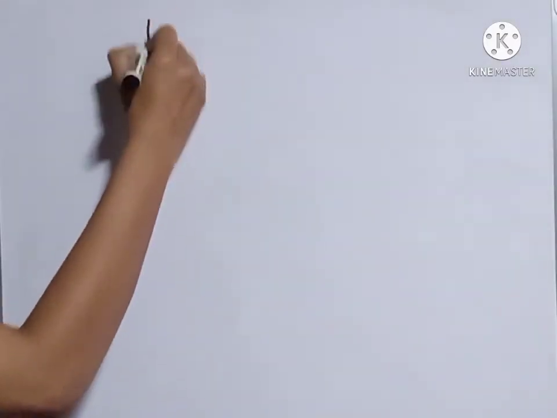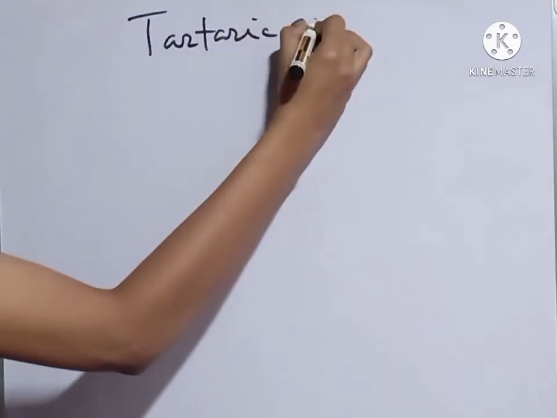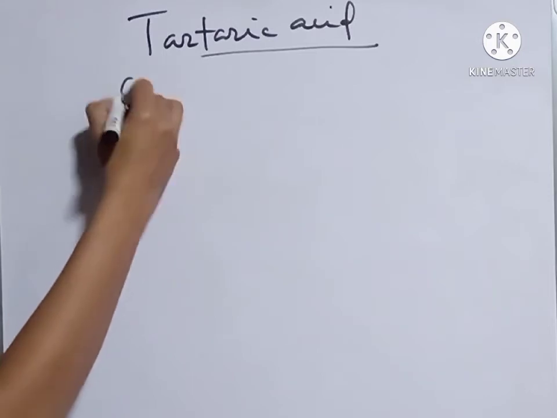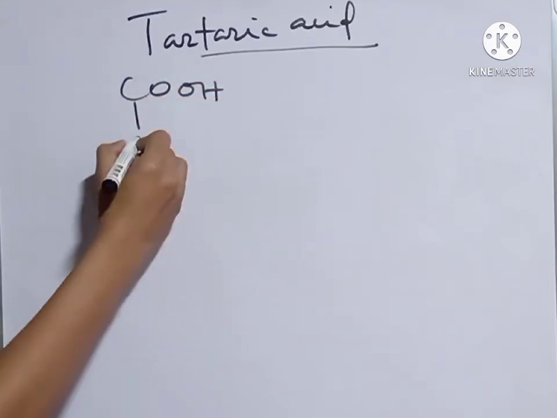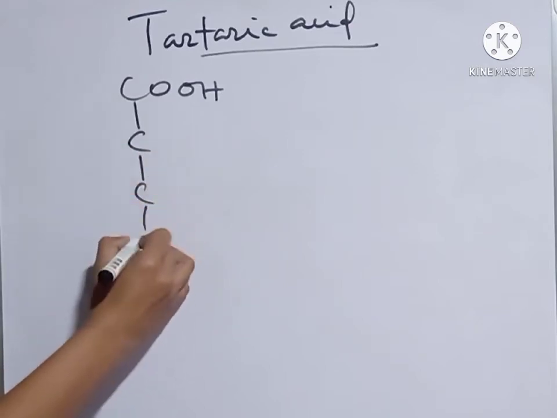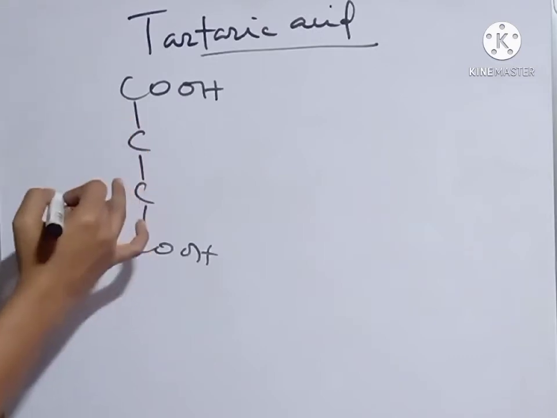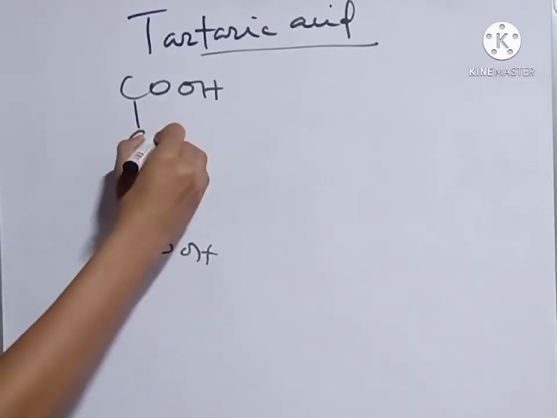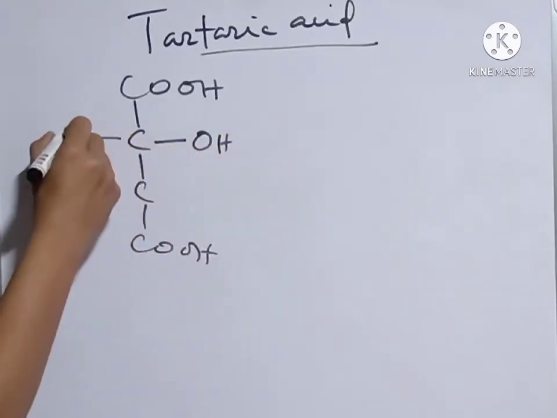Then tartaric acid. Tartaric acid has 2 COOH groups, and two stereogenic centers are there. These two centers are attached to OH and hydrogen.